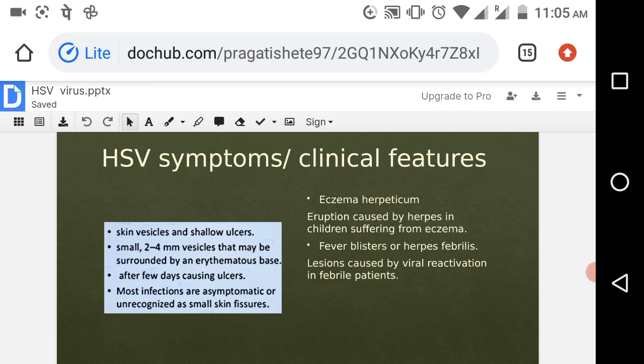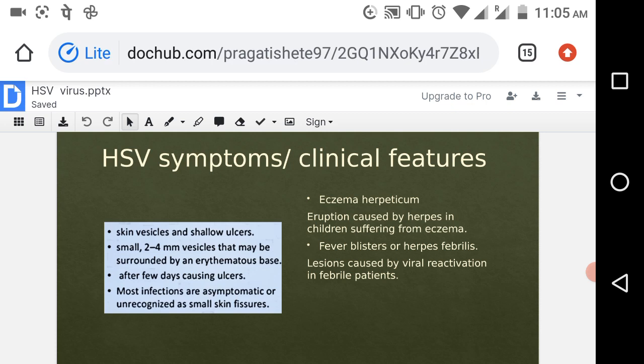Now similarly, the second one is fever blisters or herpes blisters, herpes febrilis. So what is this? These are very typical lesions called fever blisters.